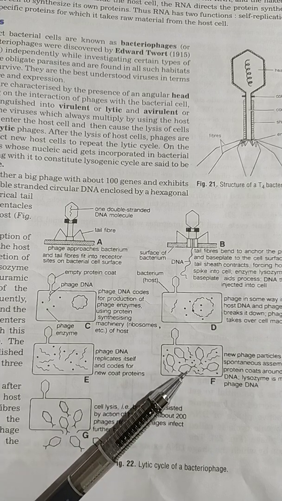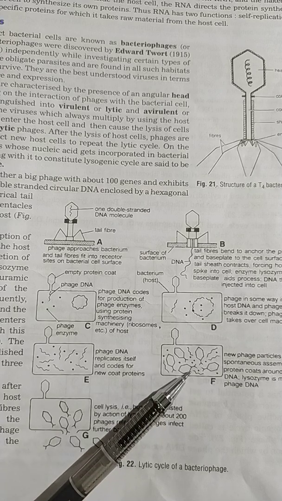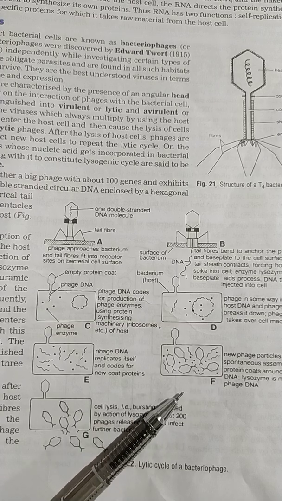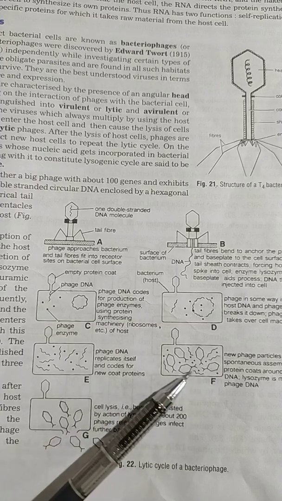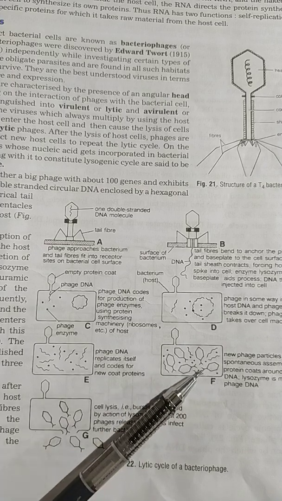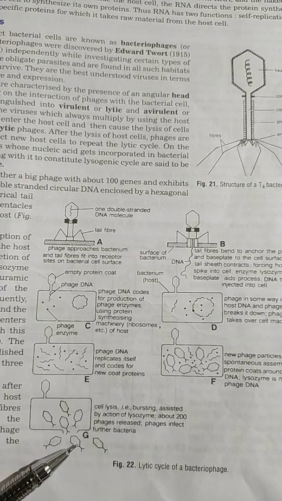We see that at the end of the replication of the phage nucleic acid, a protein called phage lysozyme is synthesized. This protein breaks down the wall of the host. First of all, the nuclease is synthesized, which degrades or breaks down the host DNA.